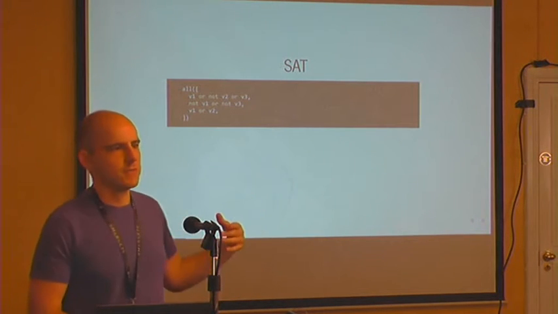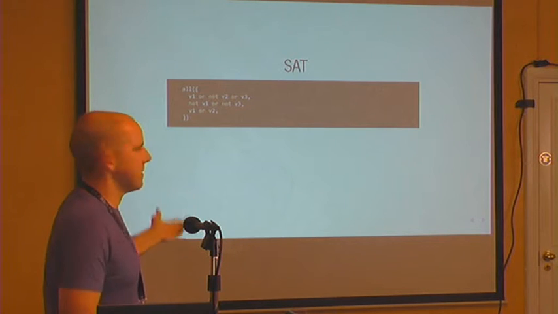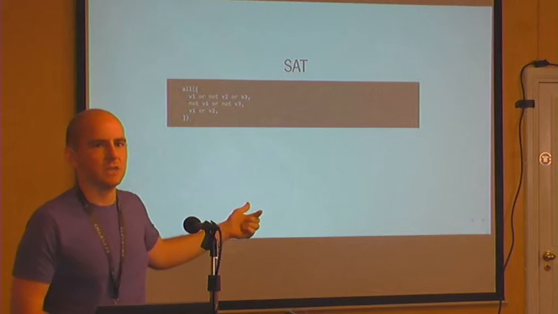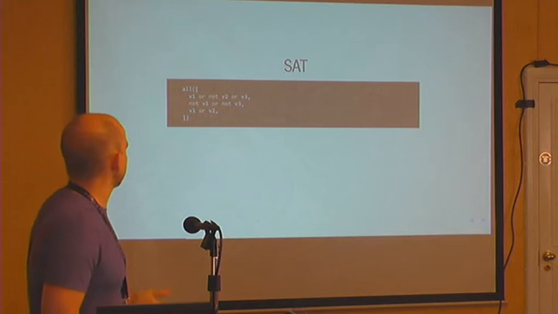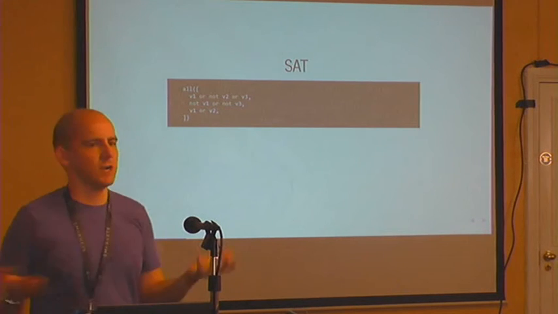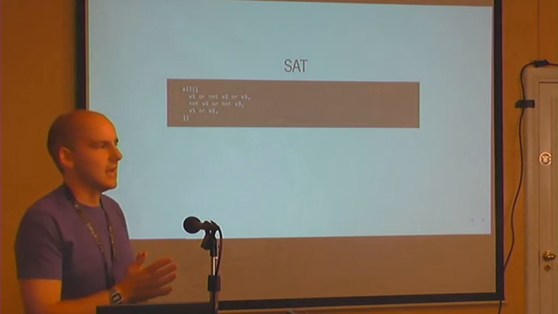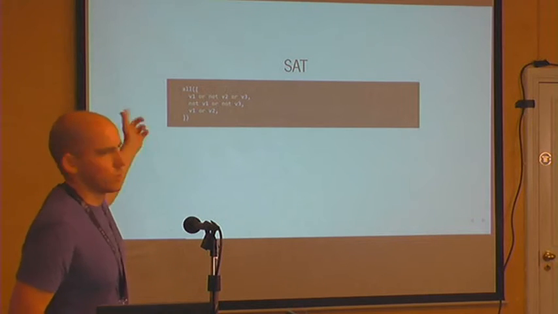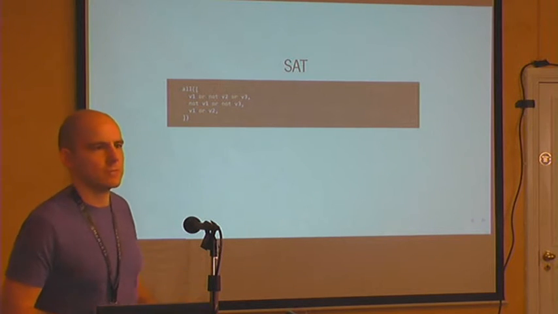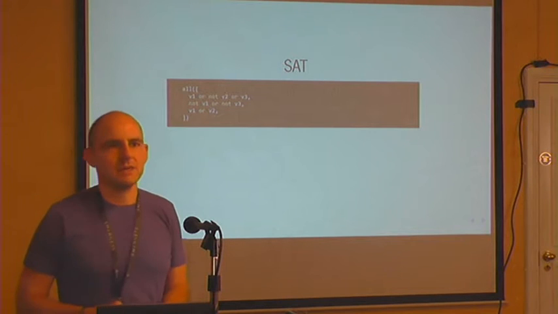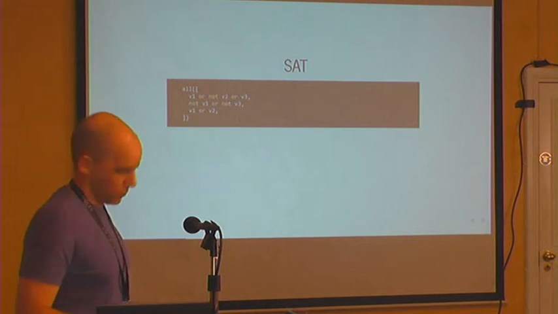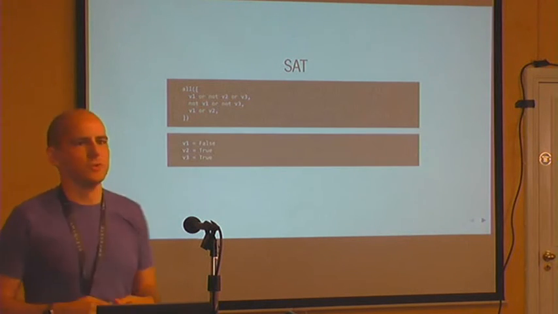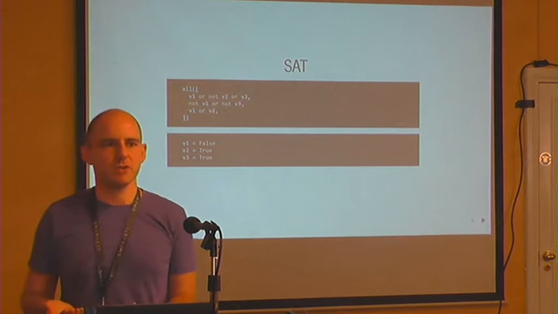And we want to know if there is some assignment that makes all of these expressions true at once. So this is how it might look in Python. You've got an all expression over this list of clauses, and each one of these is in one of these simple forms. And we want at the end to get an assignment of what these variables are that can make all of these things true.